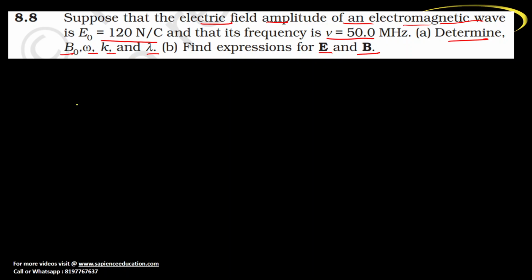First and foremost, the important thing is that we need to know what they have provided you, right? First data they have provided is E naught equal to 120 Newton per coulomb, and the frequency is 50 megahertz, so 50 into 10 to the power 6 hertz. Got it? And determine B naught, right?